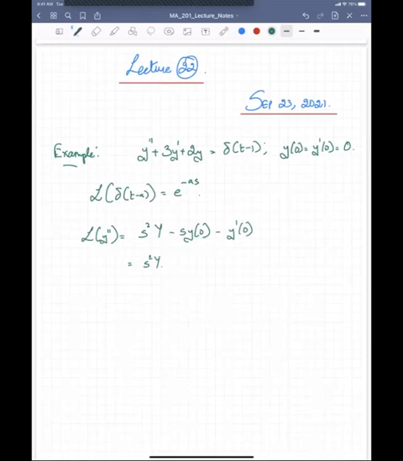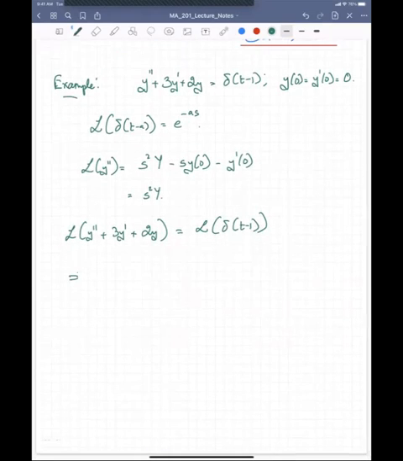So plug everything in and you get L of y double prime plus 3y prime plus 2y, which tells me that s squared Y plus 3sY plus 2Y is the left hand side.